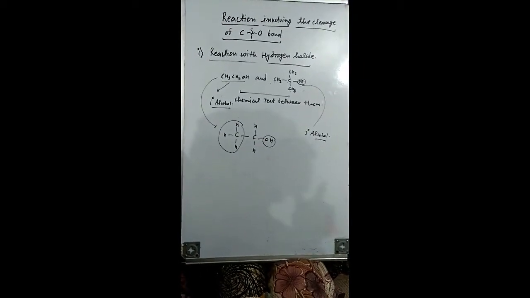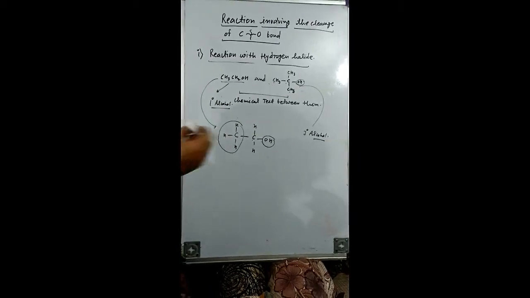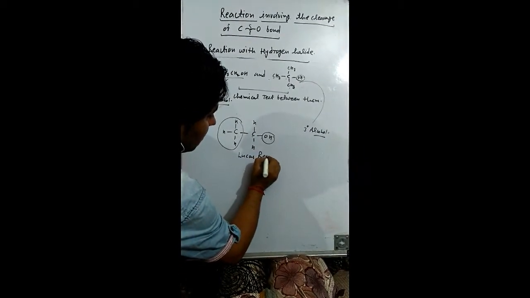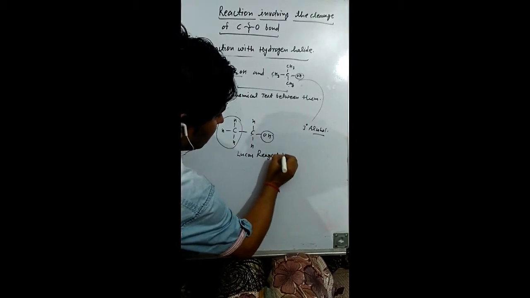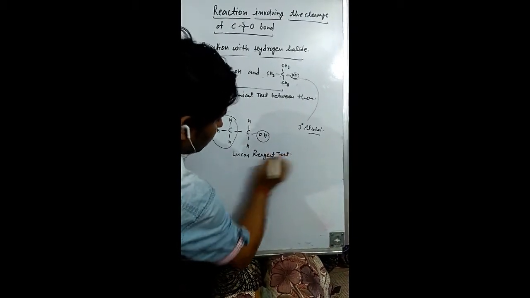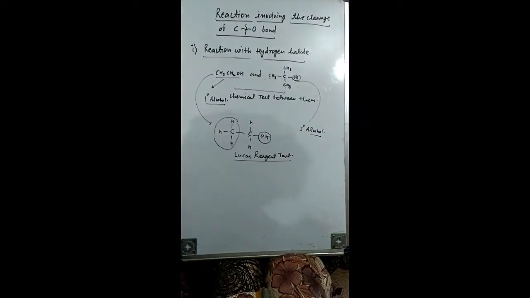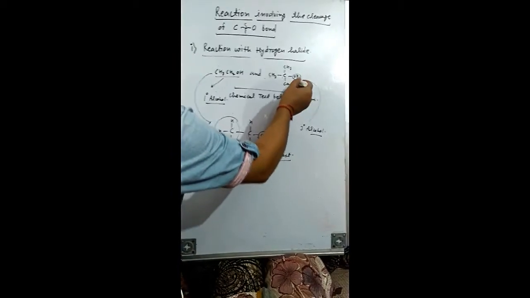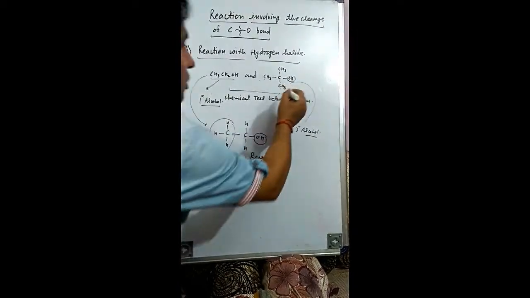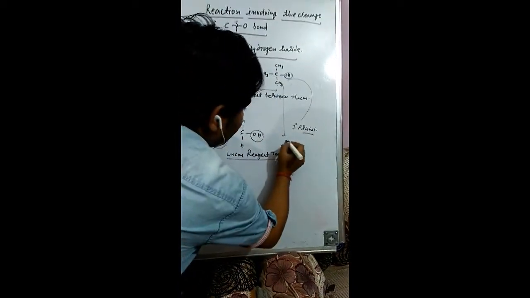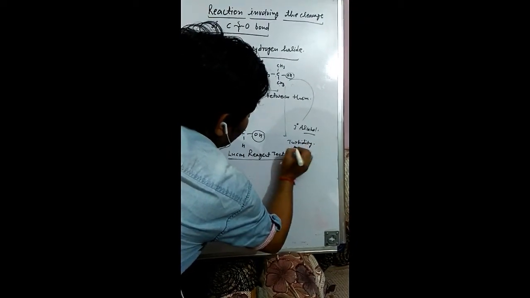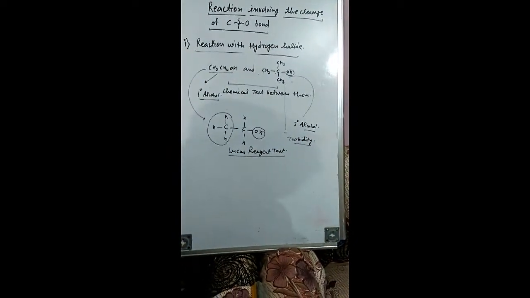I have told you that it is the Lucas reagent test. You will mention it there as the Lucas reagent test. Again, as we know, this is a tertiary alcohol, so it will give turbidity immediately on adding the Lucas reagent.